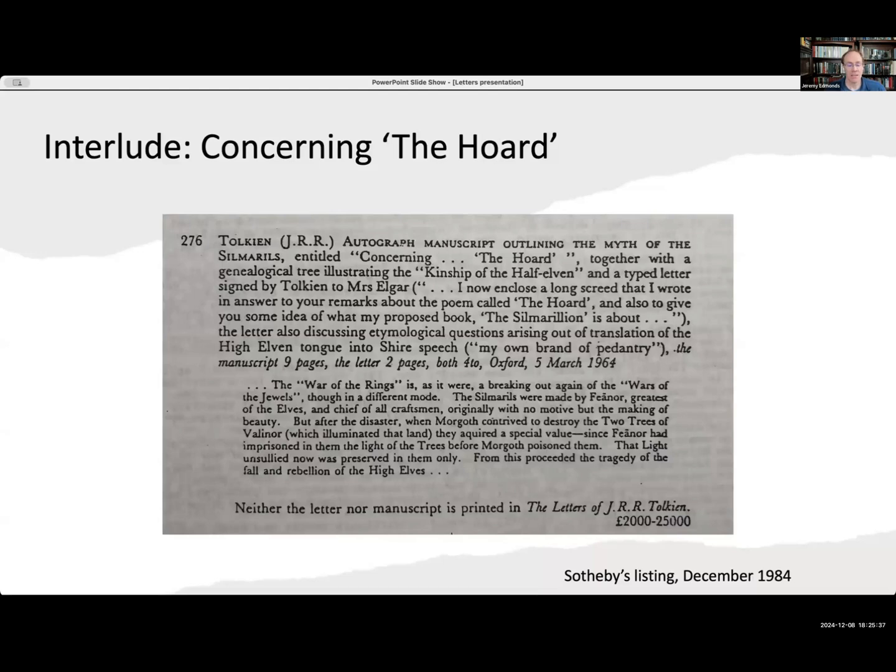It's a fantastic example to me of being able to read really important information that's been known about but not understood for decades because a letter showed up at auction, because it emerged back into the public eye, even briefly. We don't know who acquired it and where it is now, but now the contents are known, and it's very important to compare what Tolkien was thinking in 1964 versus what Christopher then published in 1977 in the Silmarillion itself.